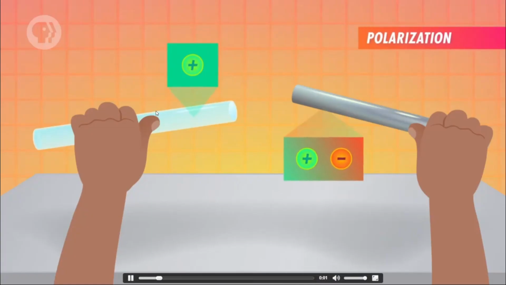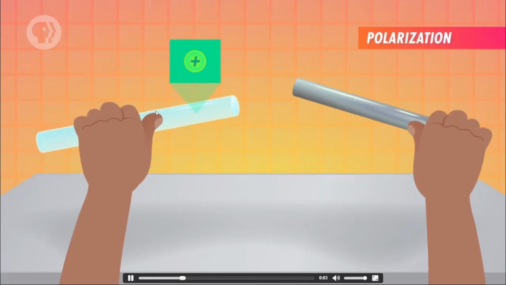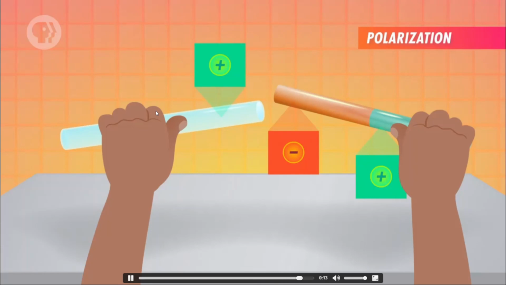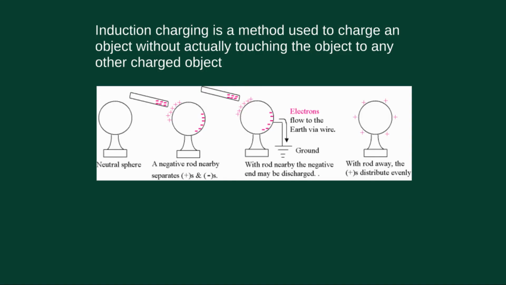In the example, if we bring a tube with positive charge near the neutral material, the electrons will move from right to left. So the left side of the material will be negatively charged, meanwhile the right side will be positively charged.